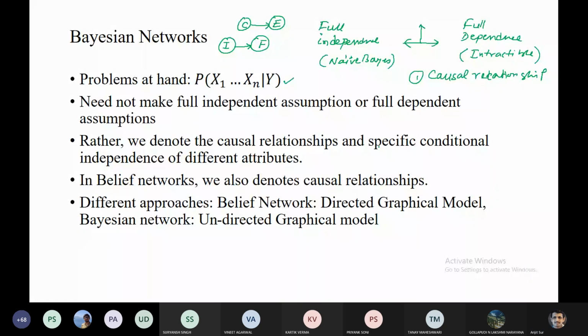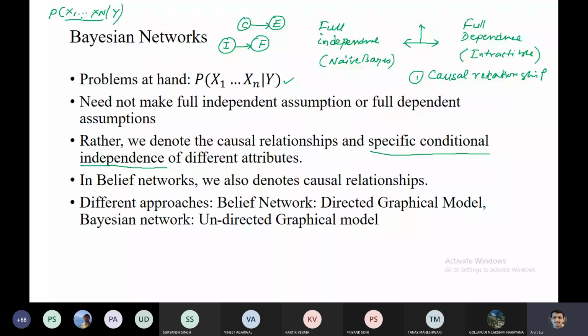Another thing is called specific conditional independence. Here our problem is basically x1 dot dot xn given y. These are random variables, and we try to find how these variables are conditionally dependent or conditionally independent.